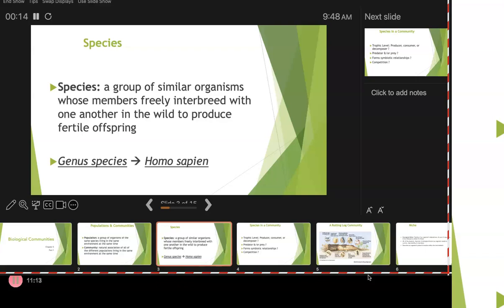I don't think it's Felis familiaris. I think it's Felis domesticus for the cat, and so on and so forth. So capital C Canis, and then lupus, L would be lowercase. The whole thing would be italics or underlined.